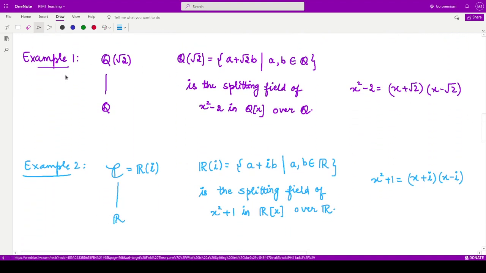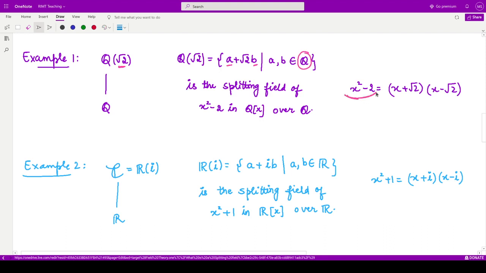So let us see the example. The first example is this extension field Q, where square root 2 has been adjoined to it. So all the elements here would be of this kind: a plus square root 2 times b, where a and b are from the rational numbers. Now how does this form the splitting field of the polynomial x square minus 2?